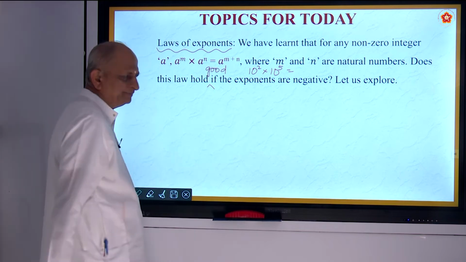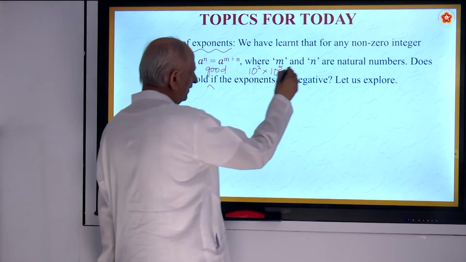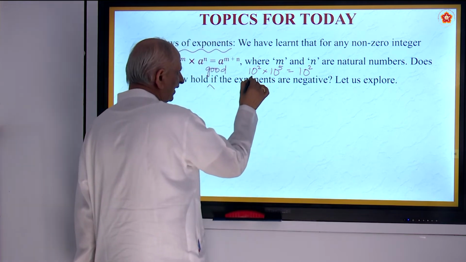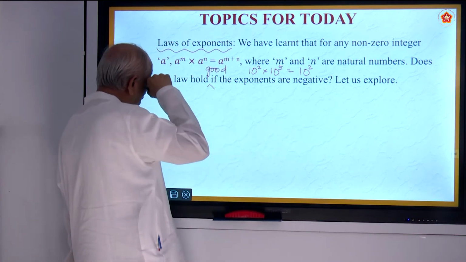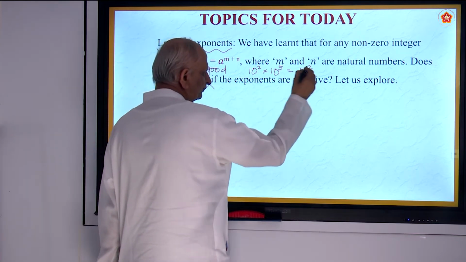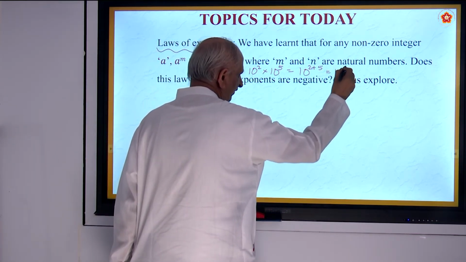Here what is a? a is 10. What is m? m is 2. Here the base must be the same, that is important. So, 10 to the power of 2 plus 5 comes, so 10 to the power of 7.